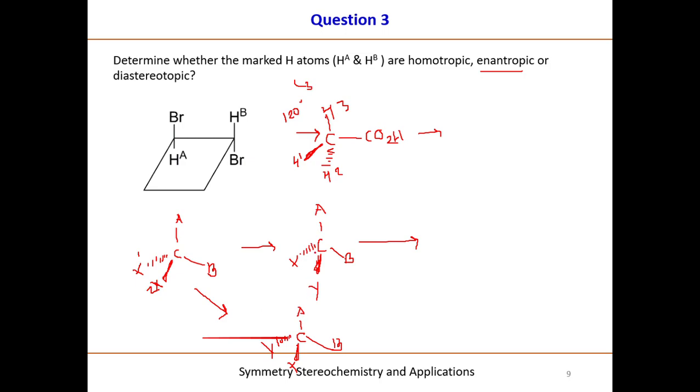If we pass the sigma plane from here, we will get this molecule, and if we pass the sigma plane here, then we will get this molecule. So that means a sigma plane is present here, and these two molecules are enantiomers of each other. You can draw the mirror image here also, the mirror image of this molecule, which are non-superimposable mirror images of each other.